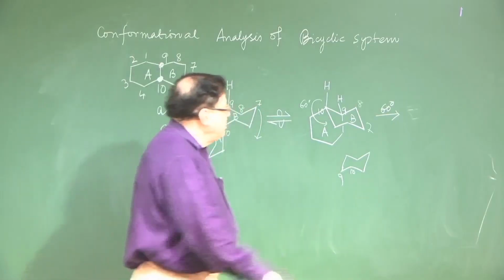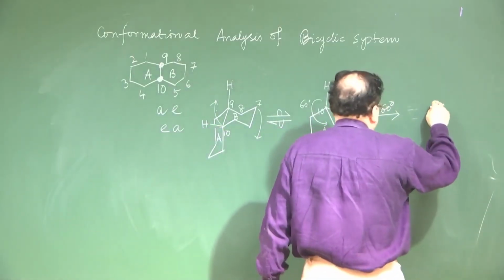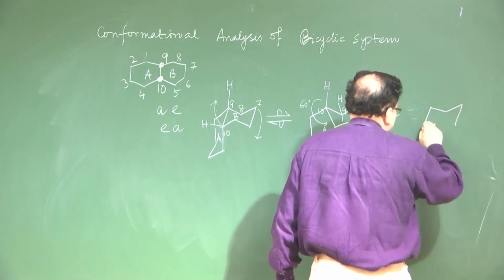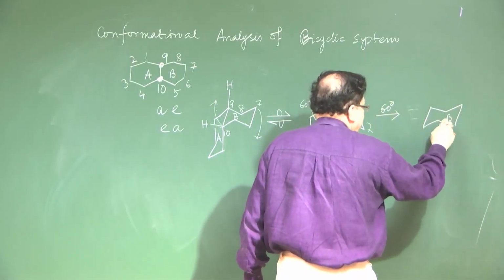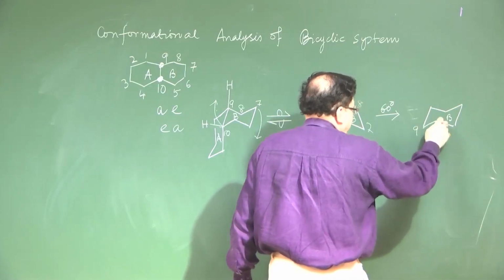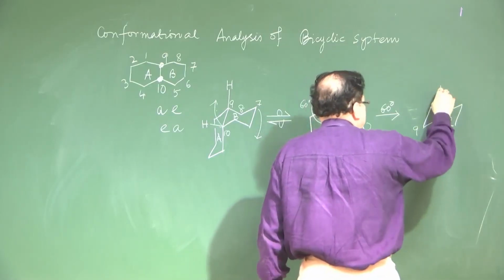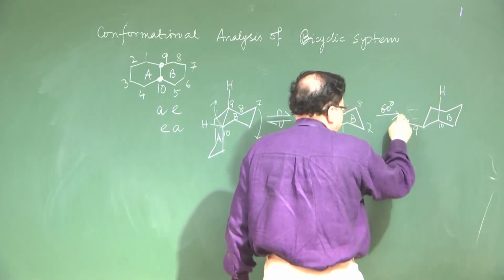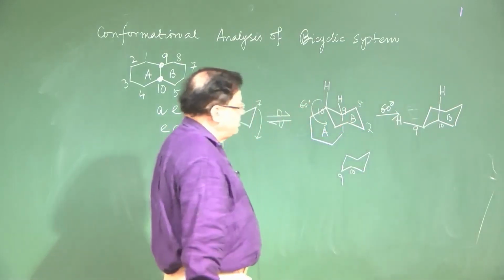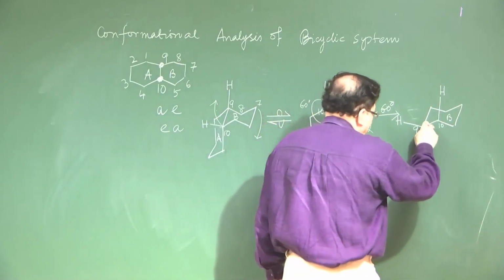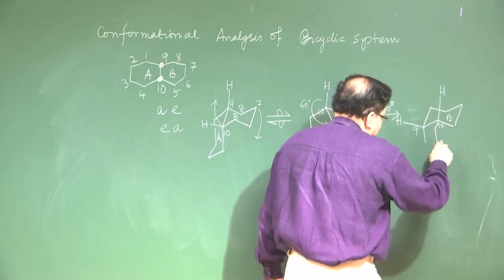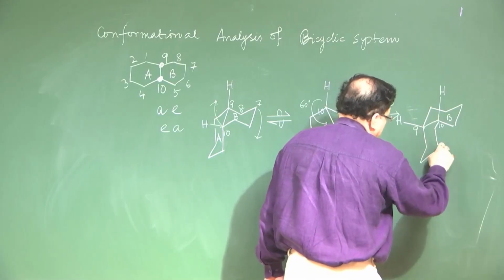So, this is your B ring, and this is your number 10 carbon, this is your number 9. Now, this is your hydrogen which is beta axial, and this is the C9 hydrogen which is beta equatorial. Remember, again these are with respect to the B ring, and then you complete the A ring.